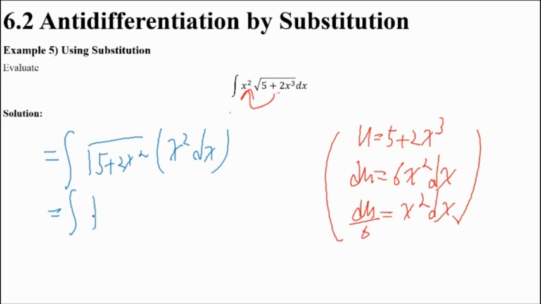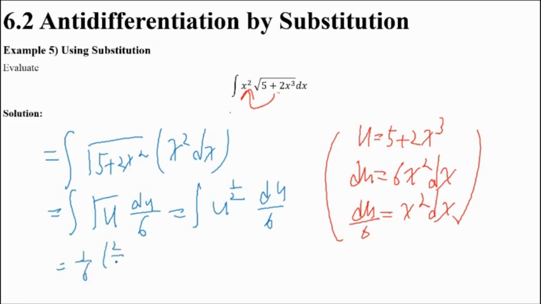So square root of u, and this one is going to be du over 6. Okay? But this is 1 over 2. So, one more time: u to the 1 over 2, du over 6. So we change, 1 over 6 comes out, to get one third u to the 3 over 2 plus c.